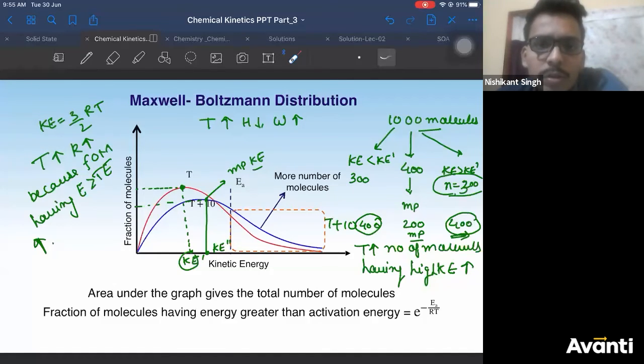The molecules. Exactly, Kirtan, you are right. The molecules' rate of activation increases and the fraction increases. If you increase temperature to such a high rate, then in that case it is difficult to plot the graph, Abhishek.